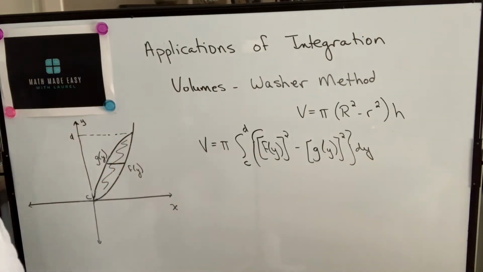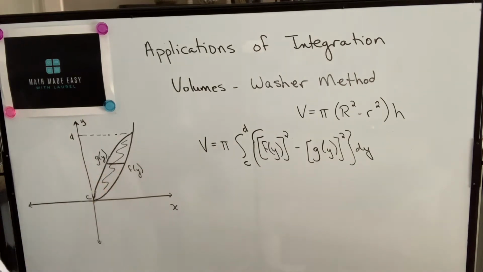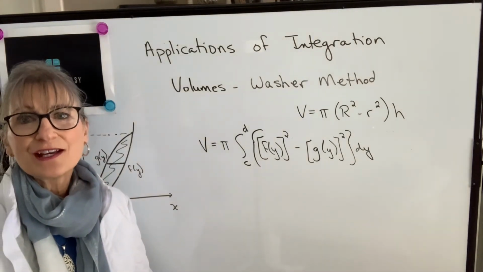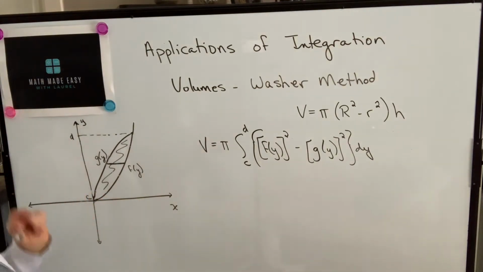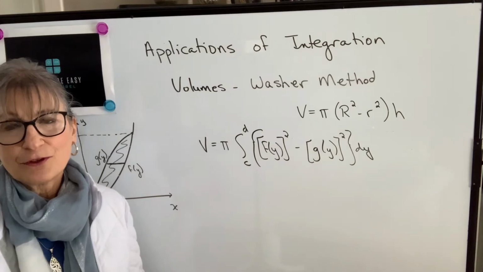So very similar to what we were doing with vertical rectangles, but we're using horizontal rectangles, which means we have to do everything in terms of y, the function as well as the limits. So let's take a look at how we can use this formula to calculate volumes.